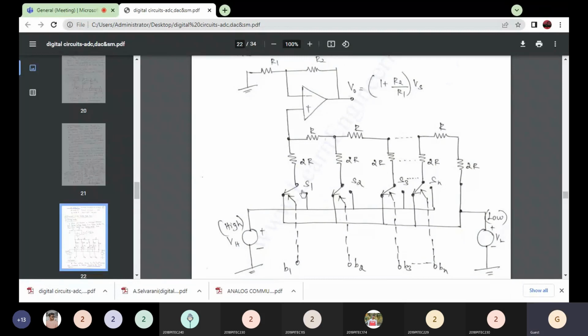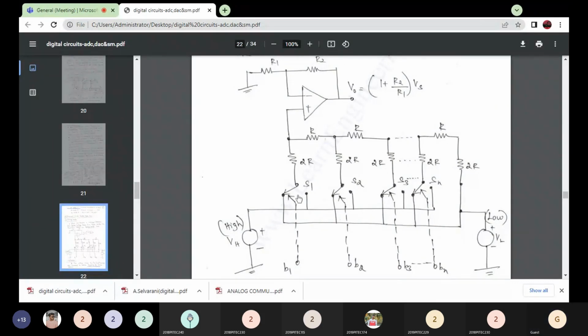The switch in the right position means it is connected to the high voltage source, VH. The switch in the left position means it is connected to the low voltage source, VL. So the switch position, left or right, is connected to VH and VL, and is controlled by the binary word.